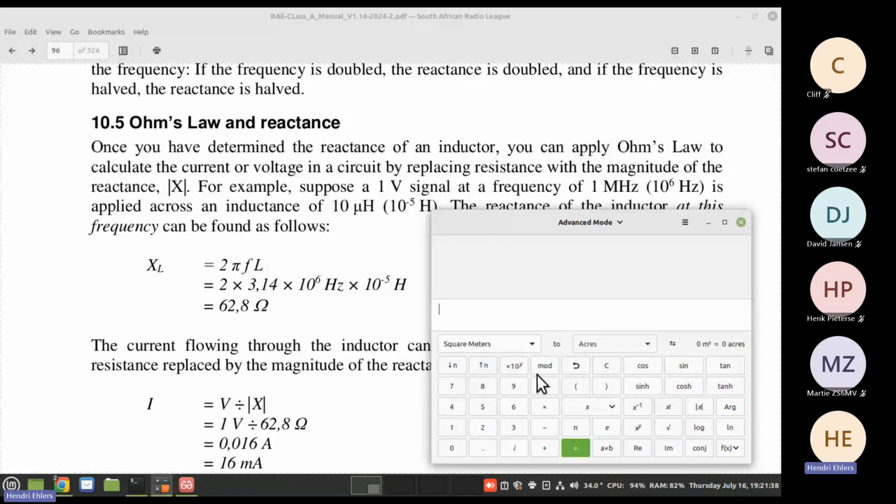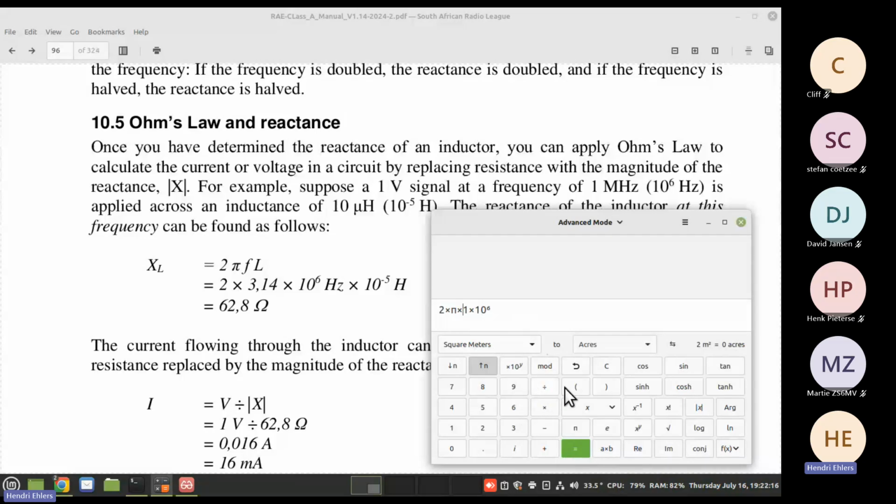So we're going to say 2 times pi times. Now I'm going to change this here because the 10 to the 6 there is actually confusing. So we're going to take the 1 megahertz times 10 to the 6.